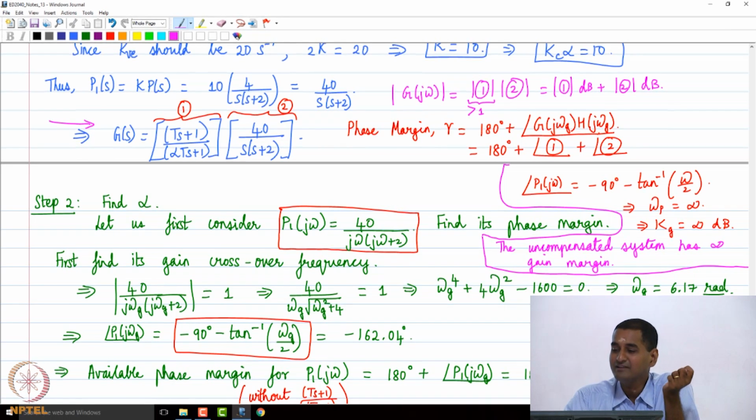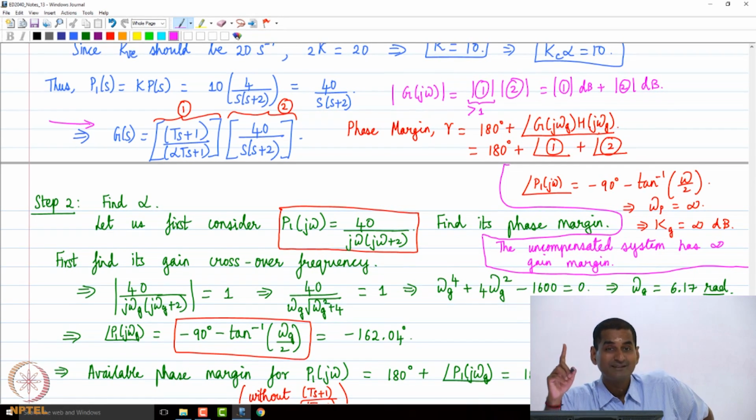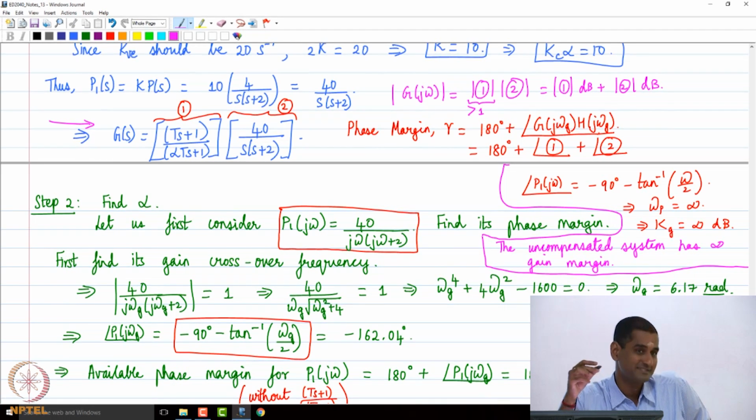Because I am multiplying the magnitude of 2 with a number greater than 1. At 6.17 radians per second, the magnitude of 2 is 1, but the magnitude of 1 will be greater than 1. So it will no longer be the gain crossover frequency of the compensated system, for which the open loop transfer function is the product of 1 and 2.